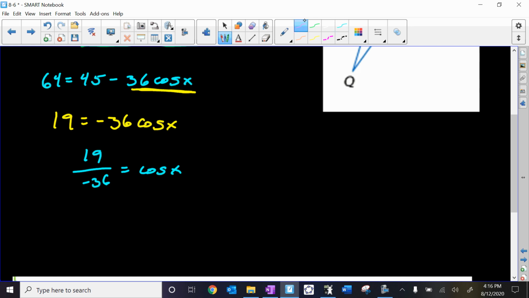And to get x by itself, which is our angle measure, we're going to use the inverse cosine. So now we have the inverse cosine of 19 over negative 36 equal to x, which we can plug into our calculator.